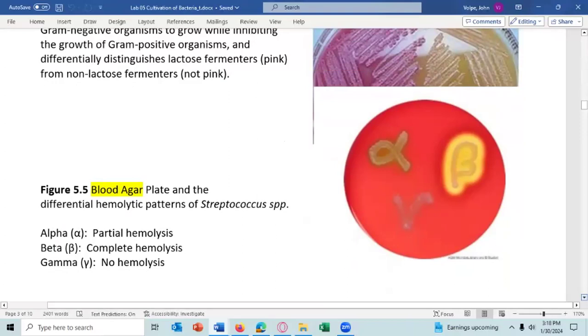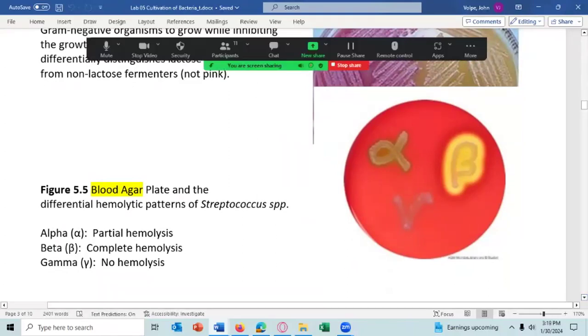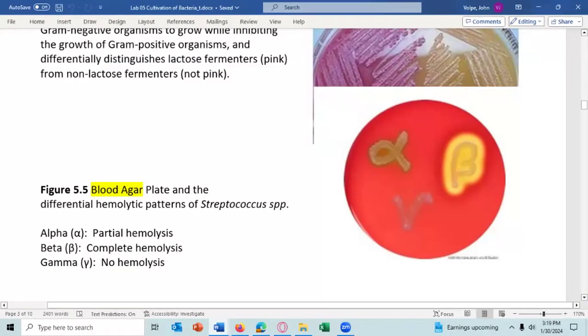And these organisms would not grow if you did not have the blood in the agar. So it's an enriched media, and you can grow, like I said, Streptococcus pyogenes on blood agar. It will not grow on any general purpose media. A blood agar is also differential because you can differentiate the cells on their hemolytic activity.